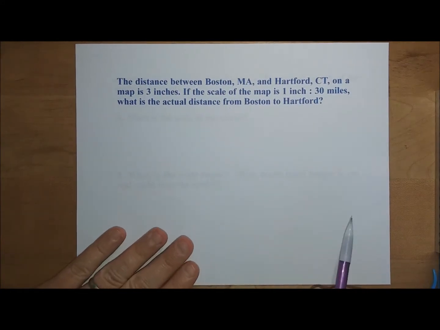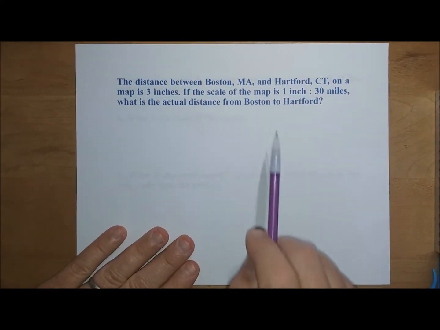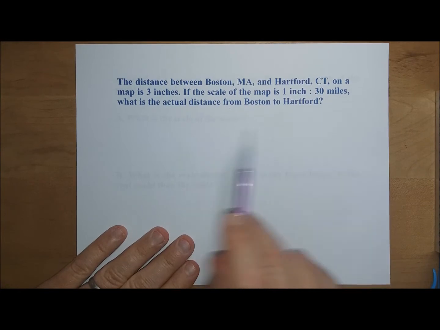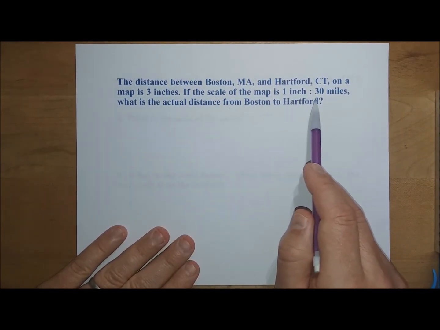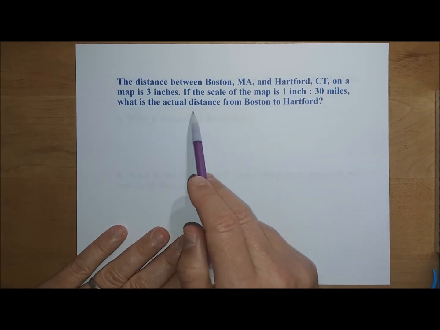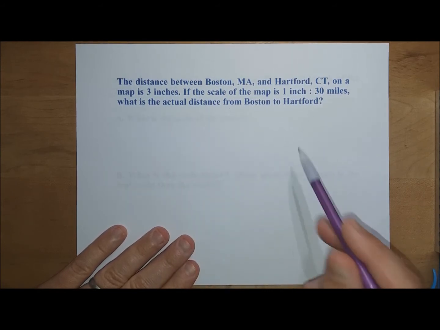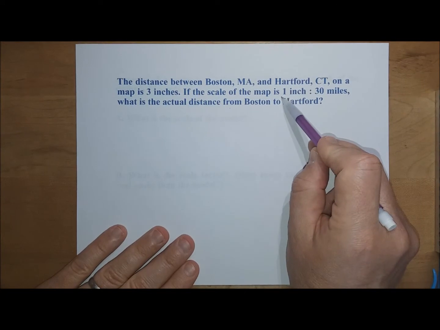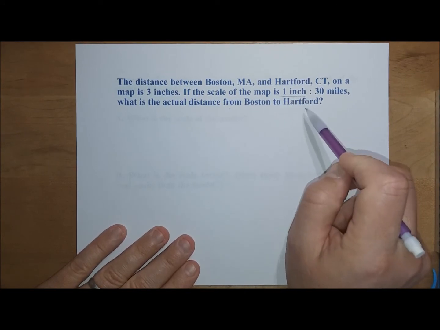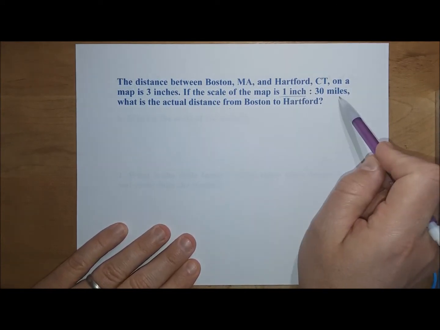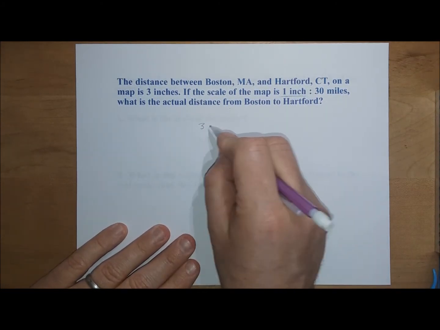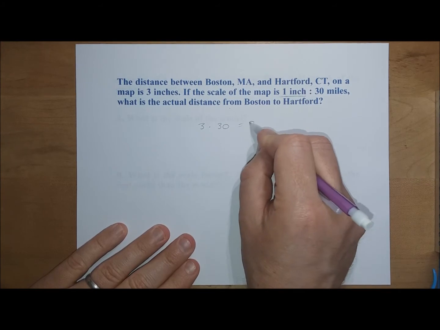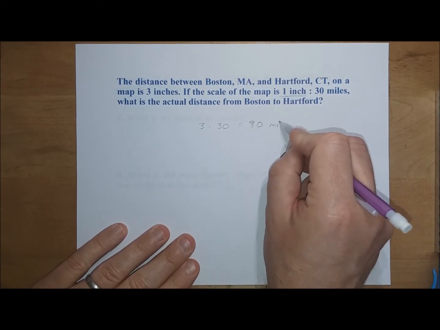All right, here's another one. The distance between Boston, Massachusetts and Hartford, Connecticut on a map is 3 inches. If the scale of the map is 1 inch to 30 miles, what is the actual distance from Boston to Hartford? Well, this scale is written very conveniently in terms of 1 inch. So if 1 inch equals 30 miles, and I've got 3 inches on the map, then I've got 3 times 30 equals 90 miles.